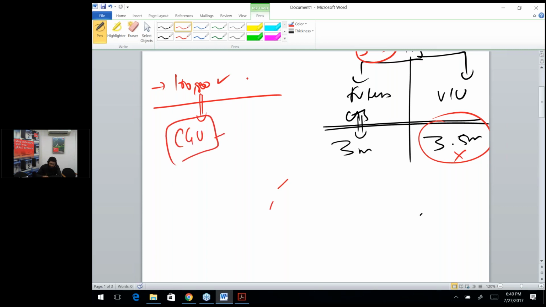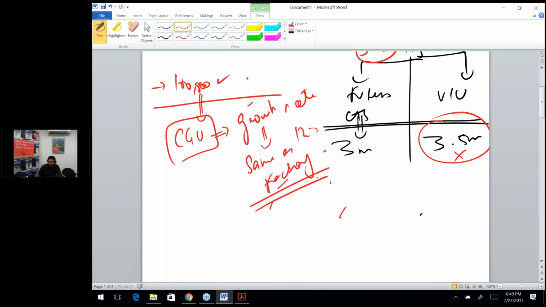And when you have to test the CGU, which is a factory, for impairment, then the growth rates for the cash flows should be the same as this factory. The growth rate for the cash flow should be the same as this factory. You can't use the company's growth rate to value the future cash flow of this factory. You need to use the growth rate of this specific factory to value this factory.